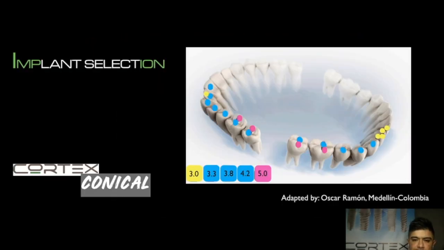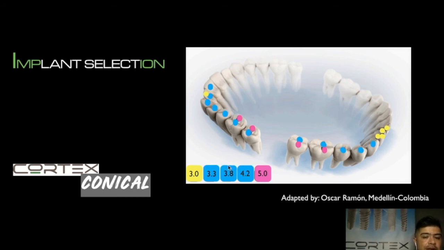To use the implant in different regions, remember, 3.0 platform only for lateral incisors and lower incisors. The 3.3 millimeters regular implants, remember the fatigue test, you can use this implant actually also in the premolar area.